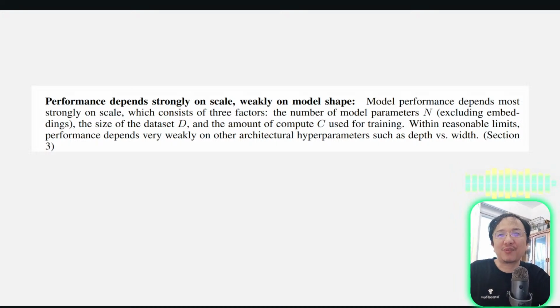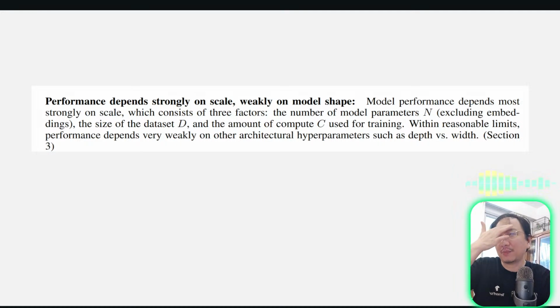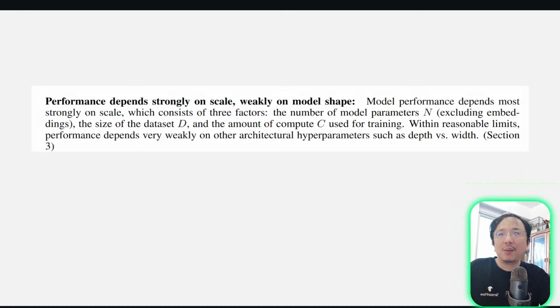The first one is: performance depends strongly on scale, weakly on model shape. 第一个要点是模型的表现主要会被 scale 影响，就是刚才讲的 N、D、C，N 代表 model parameters，D 代表 dataset 的大小，C 代表 training 的 compute。It strongly depends on these three factors: the model size, the size of the dataset, and the amount of compute for training. But it only weakly depends on the model shape.